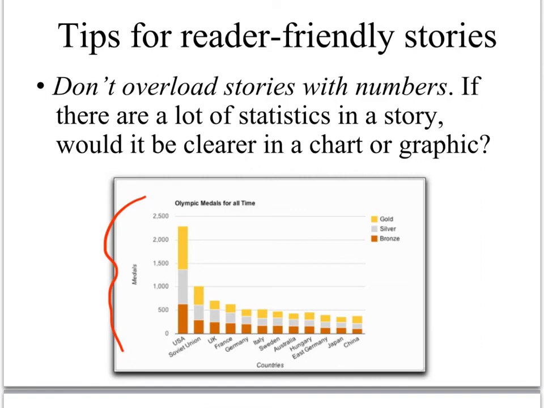If you can pull some numbers out of text and put them in a chart or a table or a graphic of some sort, it's easier for people to understand. It's far easier to understand a graphic. You can see a trend, you can see a breakdown. Very easy to read as opposed to slogging through several paragraphs of a bunch of numbers. So help readers out that way. Put it in a graphic if you can.